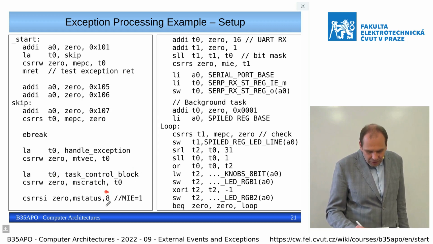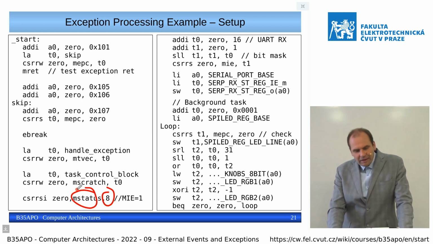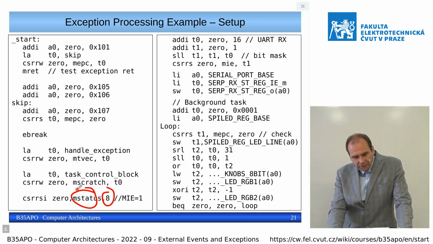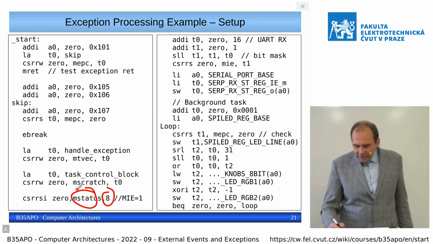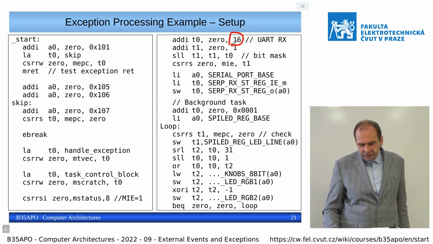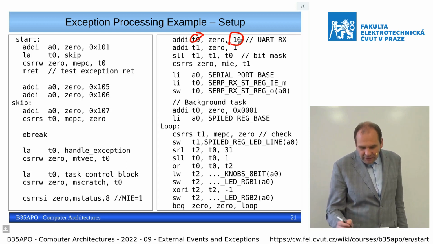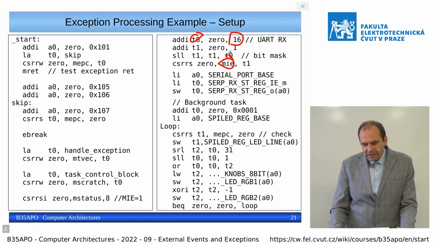Then we need to enable interrupts on the global level in the mstatus register. Then we need to enable our source, which we have said will be source 16. So it is source 16, but we need to use it as a bit mask to enable it in the interrupt enable register.